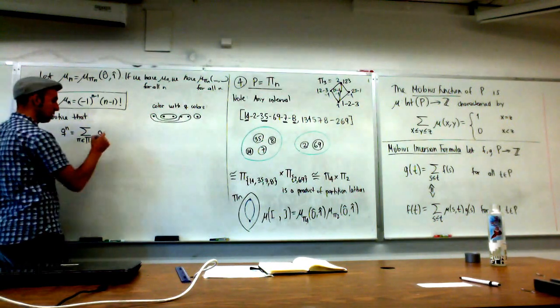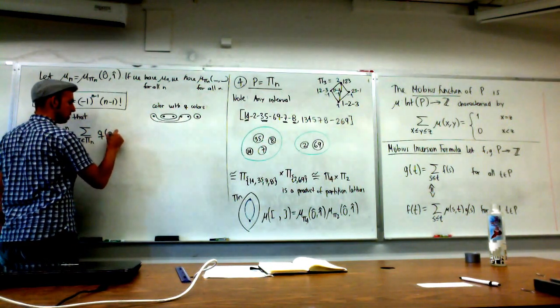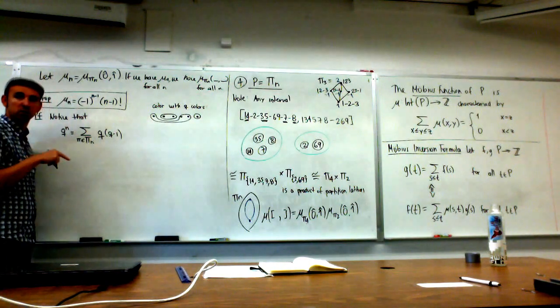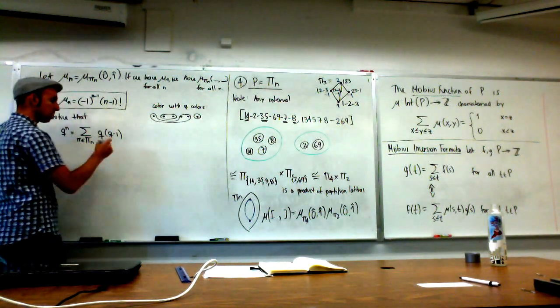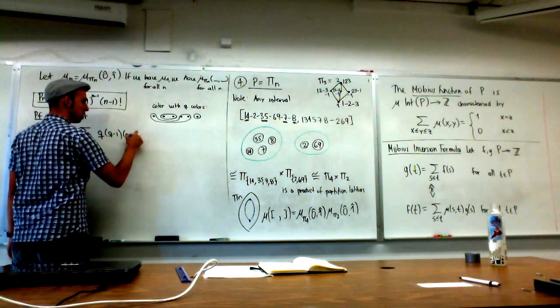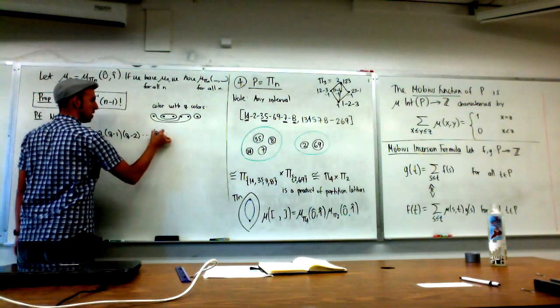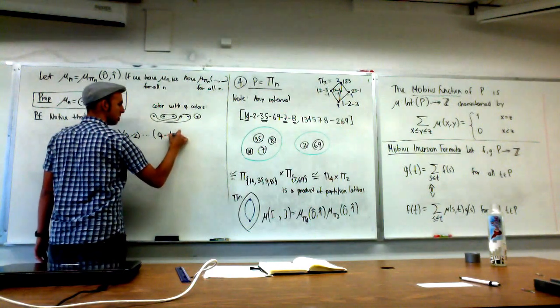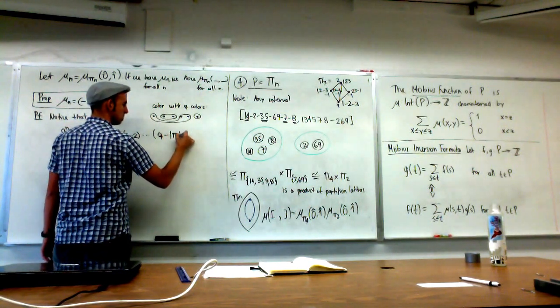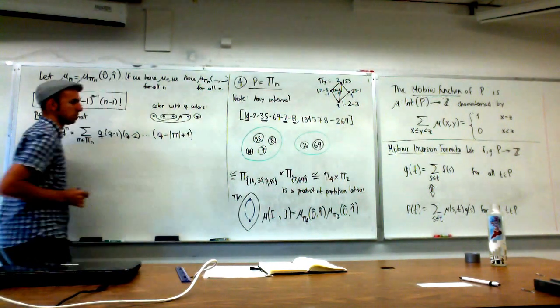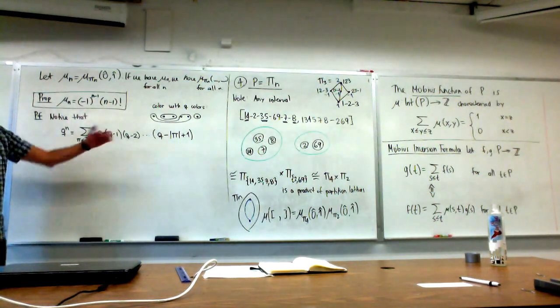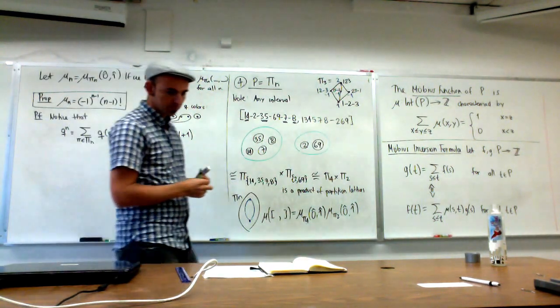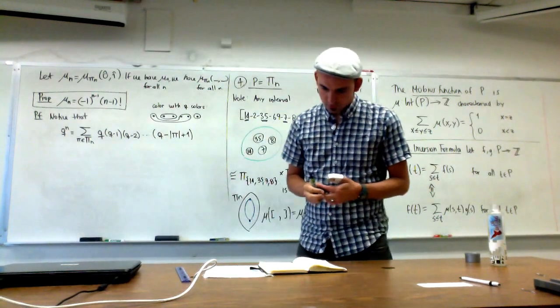The second block I can give any color except for the previous one. The third block, any color except for the previous one, and so on, up until the last block. So I just give them different colors.